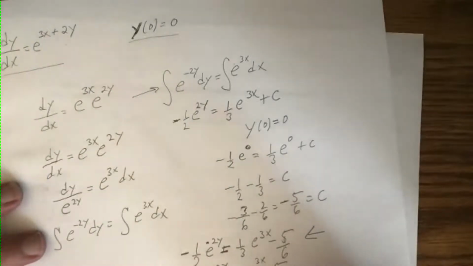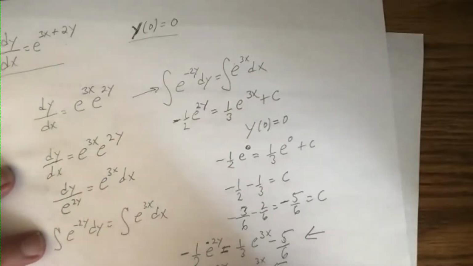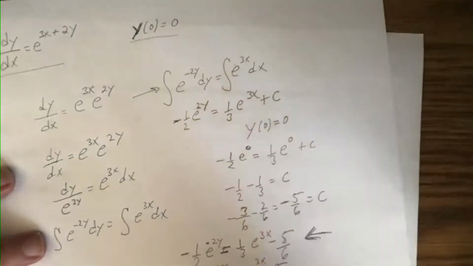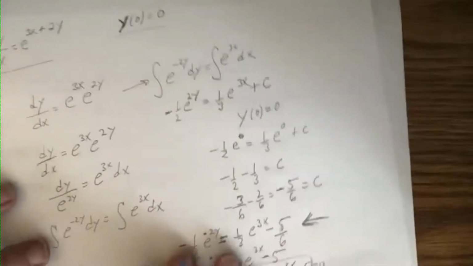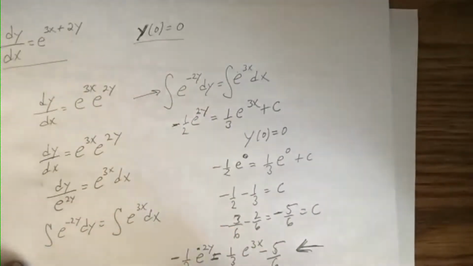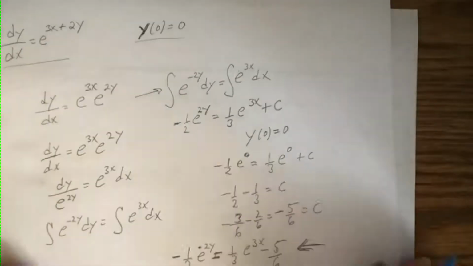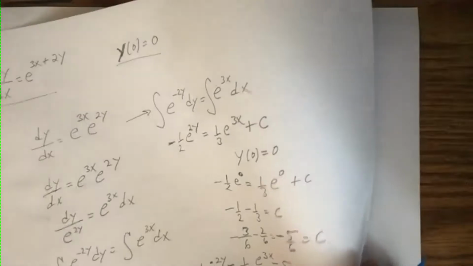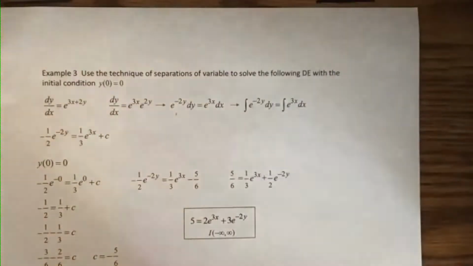Yeah, you could. I could make this -5 and make this equal to 0. It'll still be correct. Is that what you're saying? Yeah, but I just left the 5 divided by 6 the way it is. Yeah, you can leave it just the way it is. WebAssign should accept any way you write this. You can try writing it in different ways and see what happens. It should accept it.